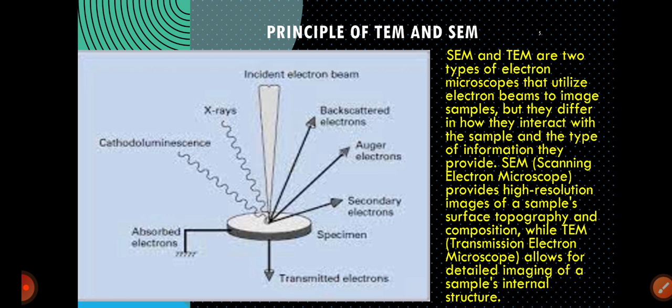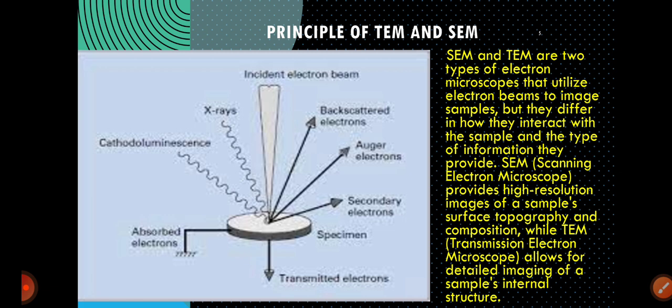After this, finally, the kind of electrons we have is the transmitted electrons. What is meant by transmitted electrons? Whatever electron beam we make incident, a few of them will be absorbed, a few will become secondary electrons, and a few will become backscattered electrons and X-rays.